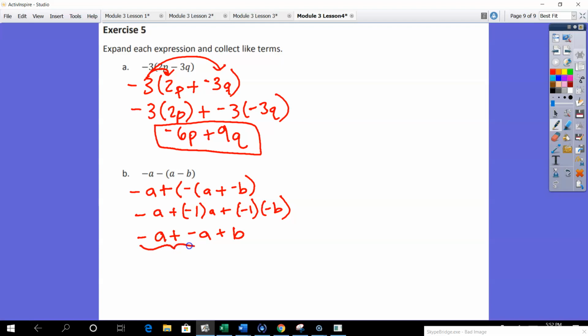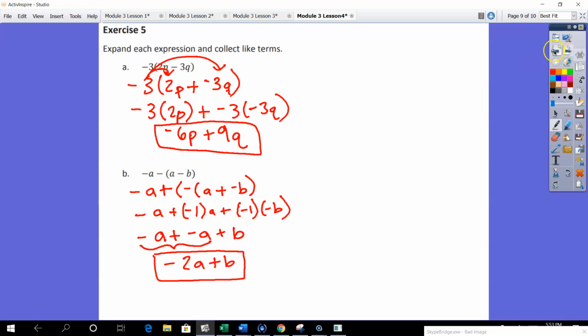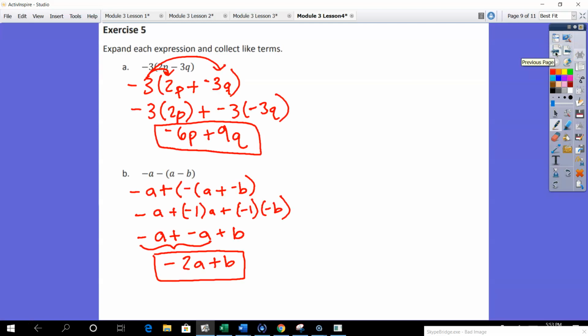And then negative A plus a negative A is a negative 2A plus B.